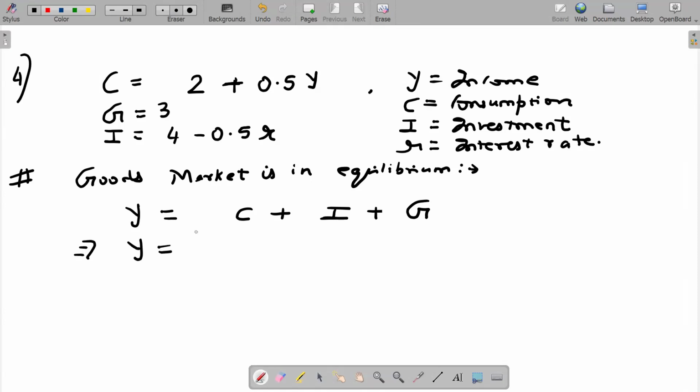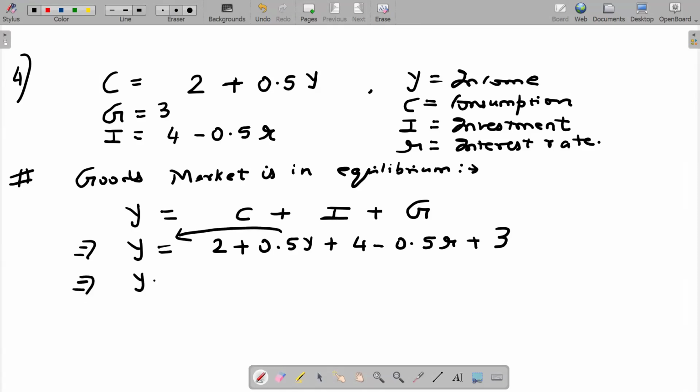So Y is equal to C, just plug in the value, 2 plus 0.5Y. Investment is 4 minus 0.5R. Government expenditure is 3. Bring 0.5Y to this side to get all the Y terms together. Then we have 2 plus 4, 6, plus 3, 9, minus 0.5R.